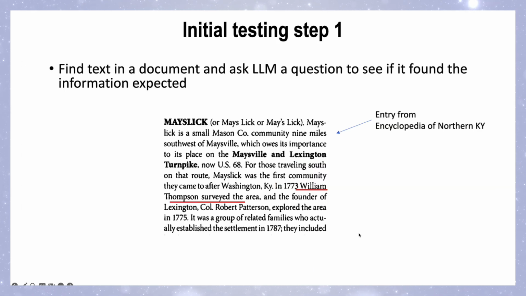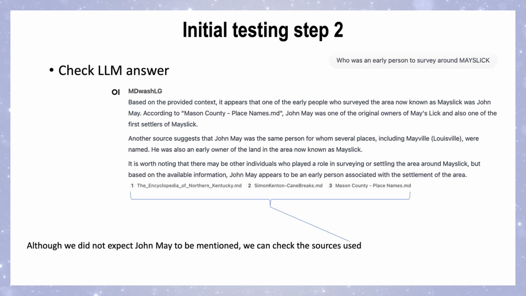I decided to do some testing another way. I found in the Encyclopedia of Northern Kentucky something about Mays Lick. And so I thought, well, I'll see if it can find that text and answer a question. So I asked it, who was an early person to survey around Mays Lick?